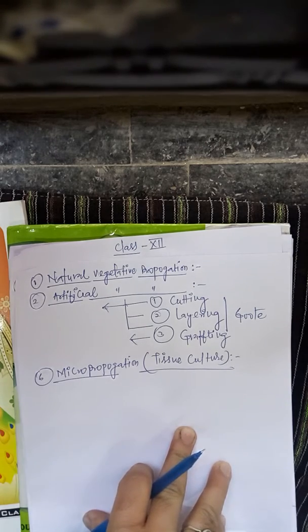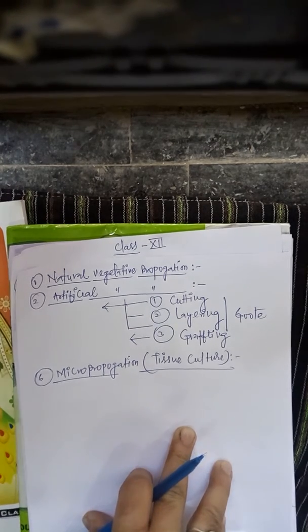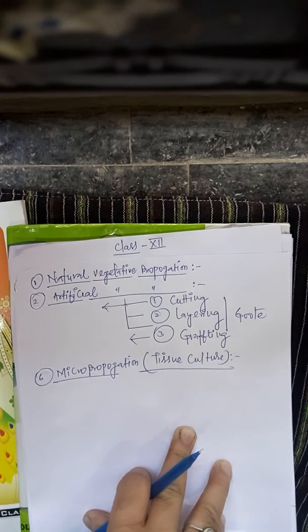In this method, we take a very small part, like some cells and tissue from the plant, and we place these cells and tissue inside a culture medium. Inside the culture medium, these cells start cell division and form a bunch of cells. This bunch of cells is called callus. Then we shift this callus into the soil, and it starts differentiation and forms a new plant.